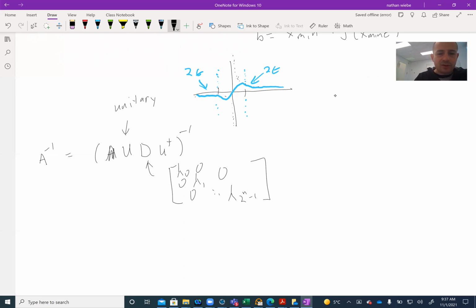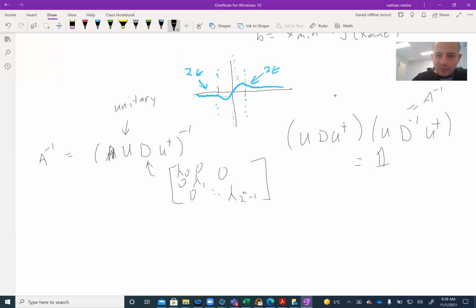So that's unitary, because the inverse of a unitary is its transpose, we can end up seeing that U D U dagger times U D inverse U dagger is equal to identity. Therefore, this has to be equal to A inverse.